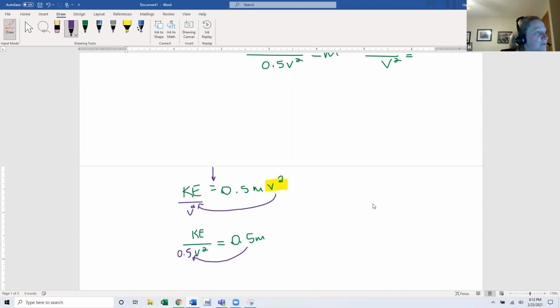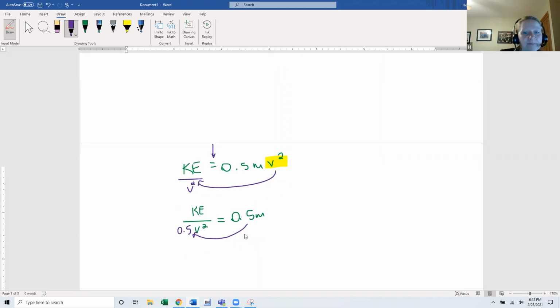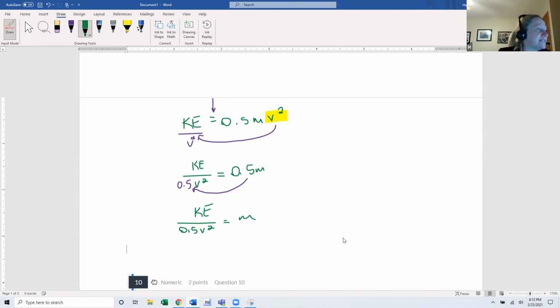All right, that's the swing method. Then you end up with just M by itself. Because the 0.5 goes away, we end up with KE over 0.5 V squared equals M. So it's the same thing, just a different way to think about it.